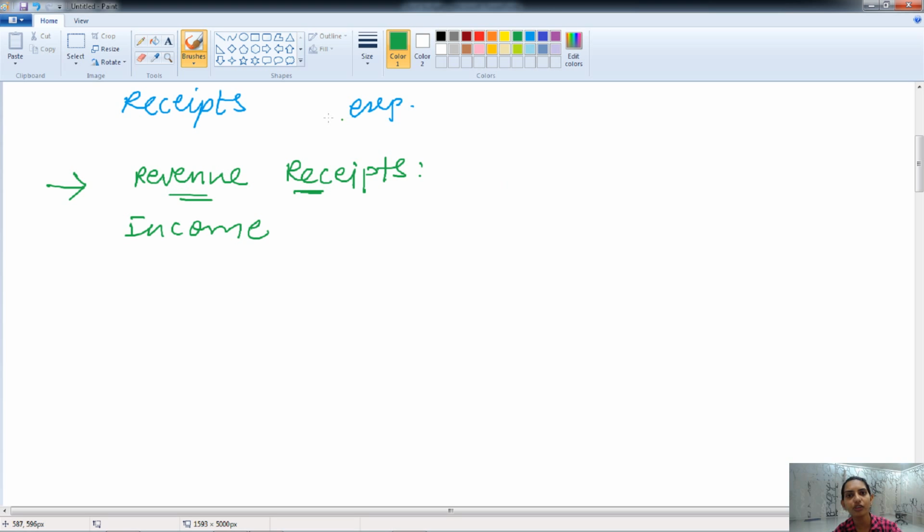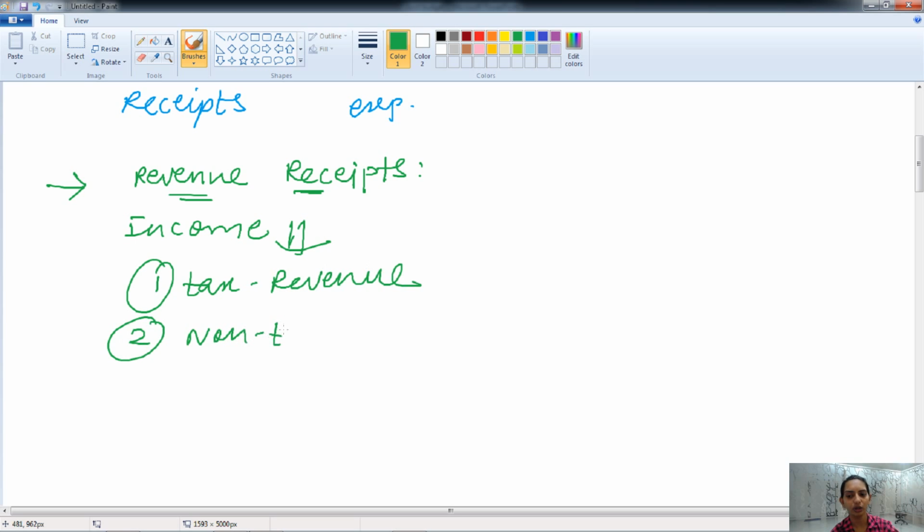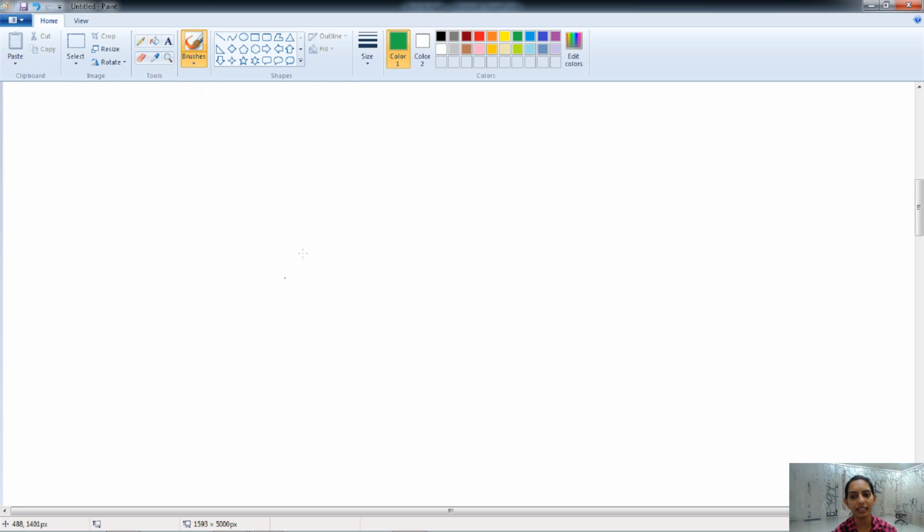It is generated through the ordinary course of the governance. Here the revenue receipt is also divided into two types, that is the tax revenue and the non-tax revenue. The first one is the tax revenue and the second one is the non-tax revenue.